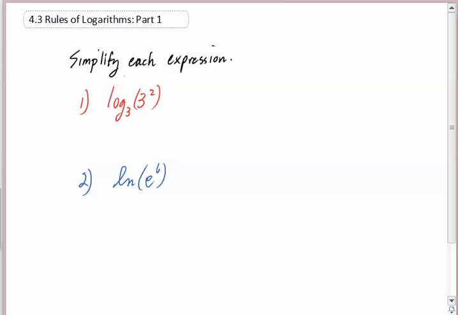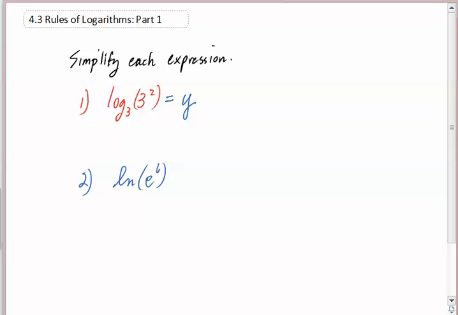So if I'm asking what log base 3 of 3 squared is, then we could let it equal, let's say, the letter y. We could let it equal a variable. And then if we find y, then we've actually figured out the value of this expression. Even though it looks like right now we're solving an equation, we're just finding the value of the expression.